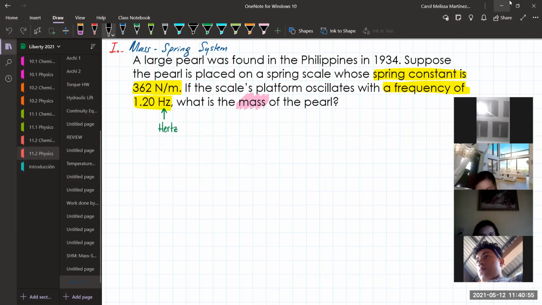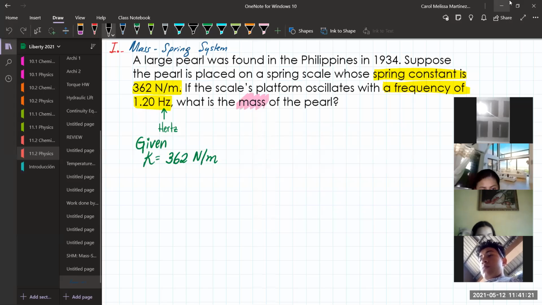So what we do in the first place, we start by writing the data. In the givens, we have the spring constant. The spring constant is denoted by the letter K, and it's 362 newtons over meter.